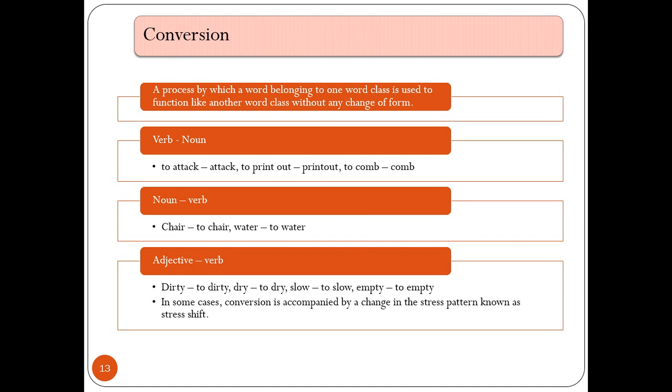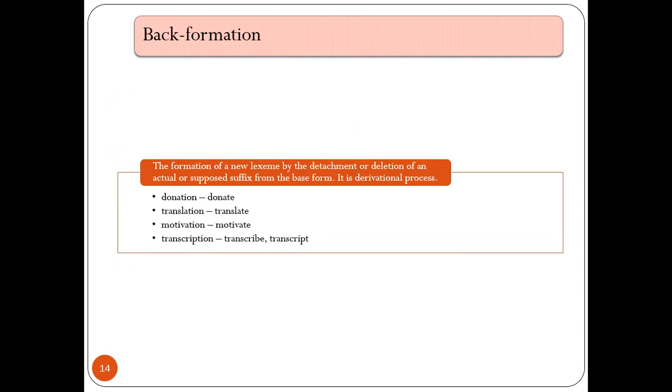Fine. So move on to back formation. It's quite common. You know that we get a form from the original root form by deleting or detaching an actual or supposed suffix from the base form.